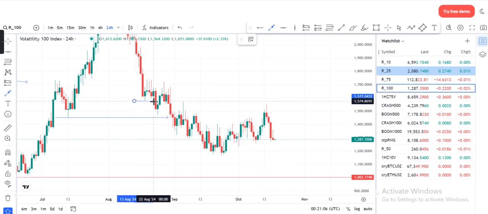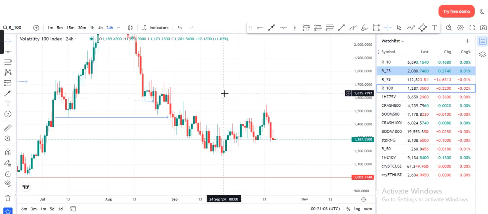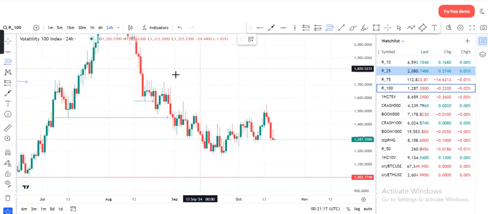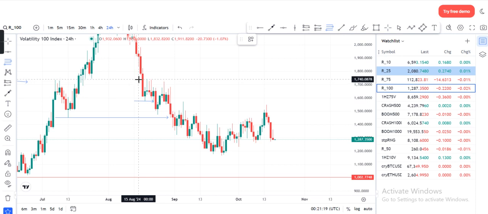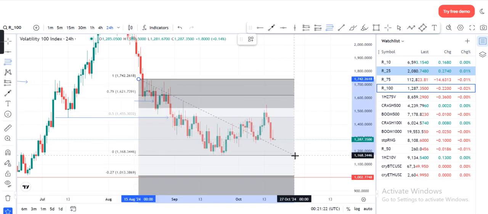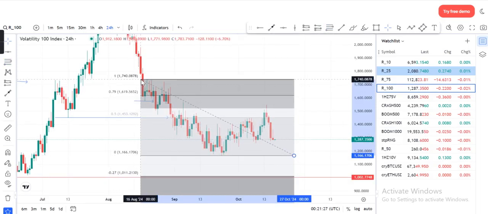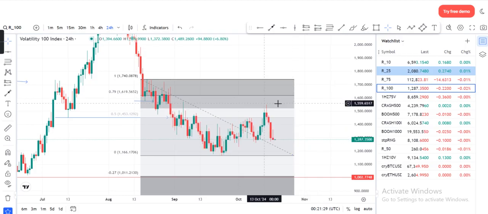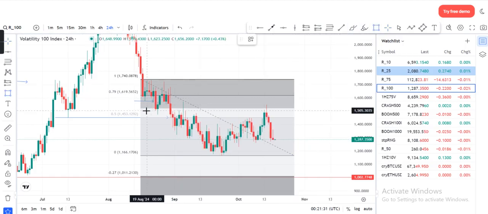So I think I'll be adjusting our analysis to the 4 hours time frame so you guys can see the market clearer. But before that, what we are actually wanting to do is to mark between this high and this point here, this low, and we would clearly see that the market came into the 0.618 level for a test.